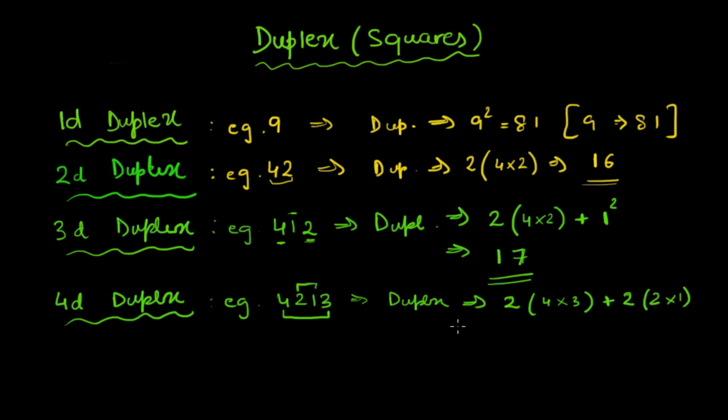So you see it actually follows a sort of pattern. So it's 2 times 12, that's 24, plus 4, and the duplex would be 28.